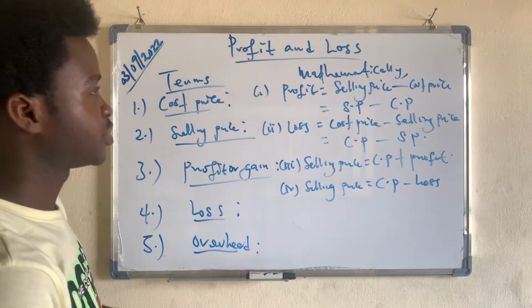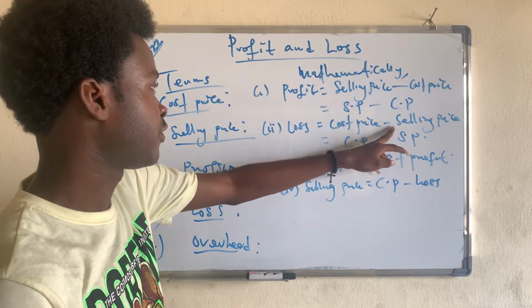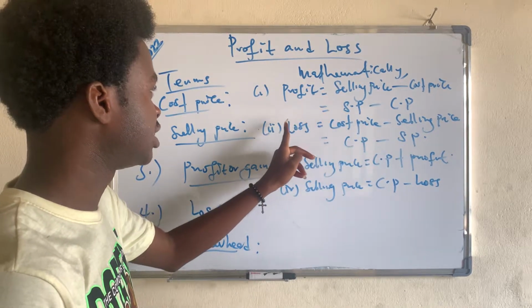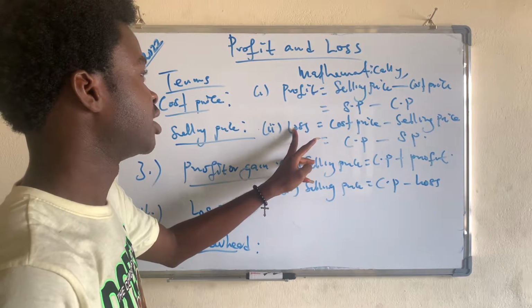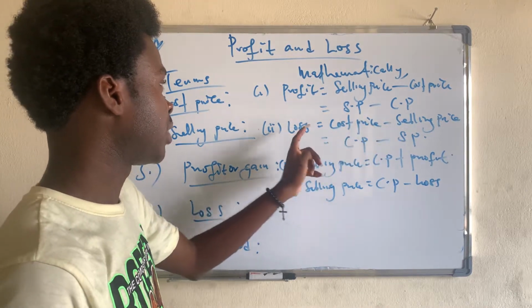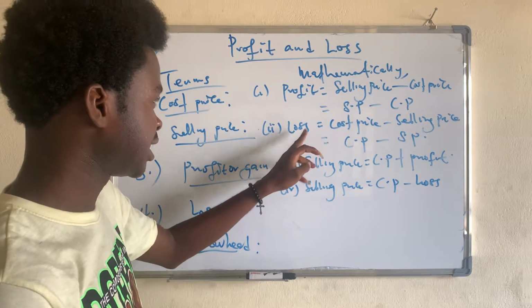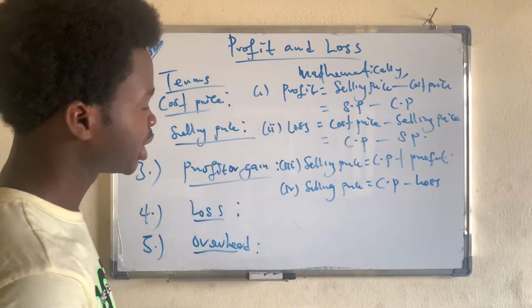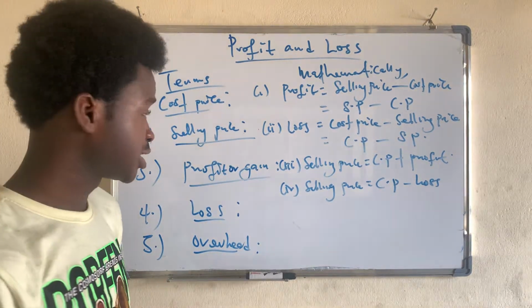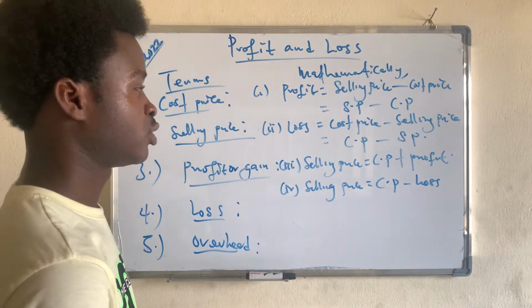Just making selling price the subject of the formula, if I bring this here, this will be negative cost price. So multiplying both sides by minus, I have positive cost price, negative loss. So we have selling price to be cost price minus loss.